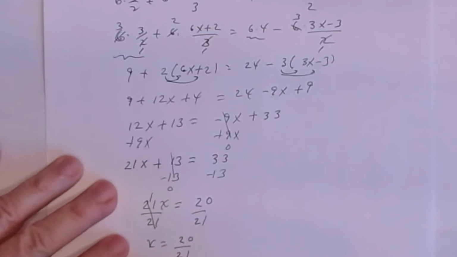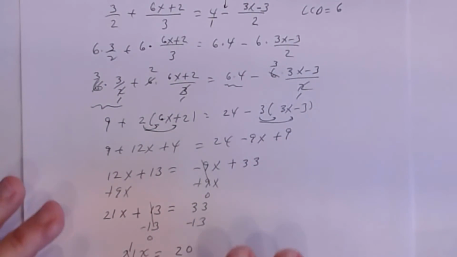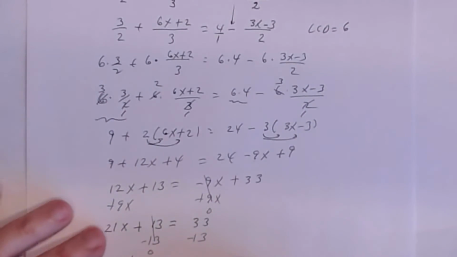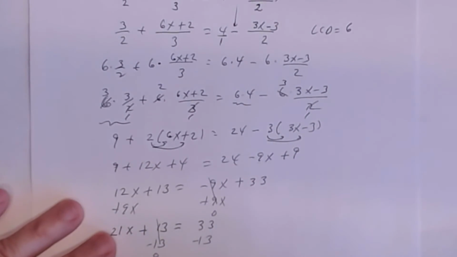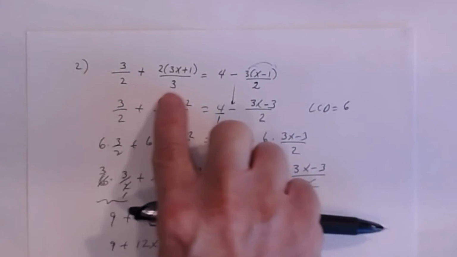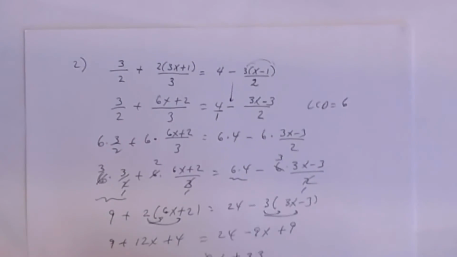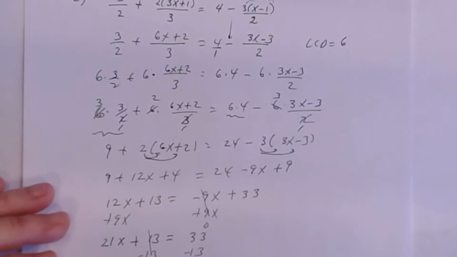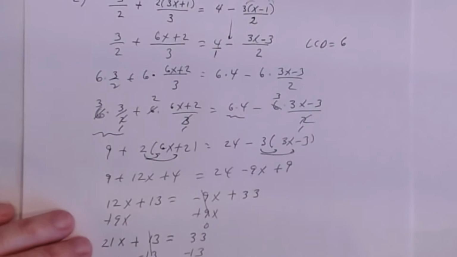And then if you had time, on a test you don't have time, but if you have time, always go back, if possible, and check the solution. Check this number in the original equation. All right, so let's go ahead and do that.